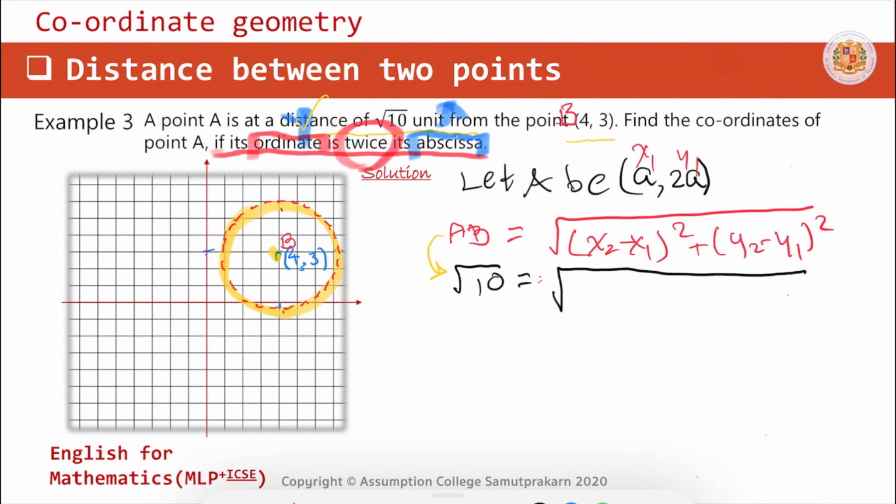Okay, let me write x2, y2 there. So x2 minus x1 would be, x2 is now A, minus x1, which is 4, and then we square, plus y2... what? I just say A is x1, y1, right?